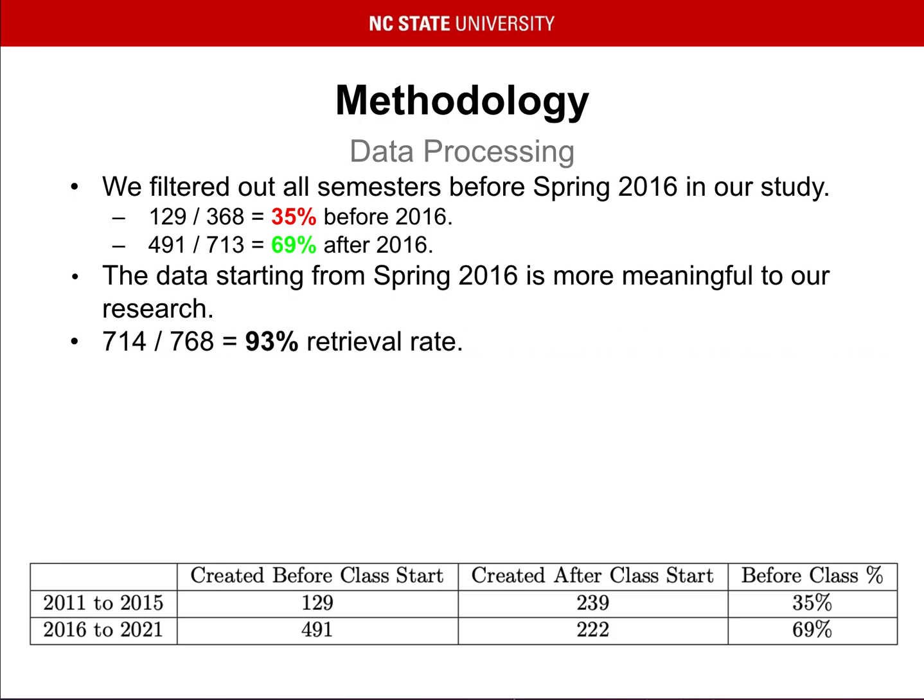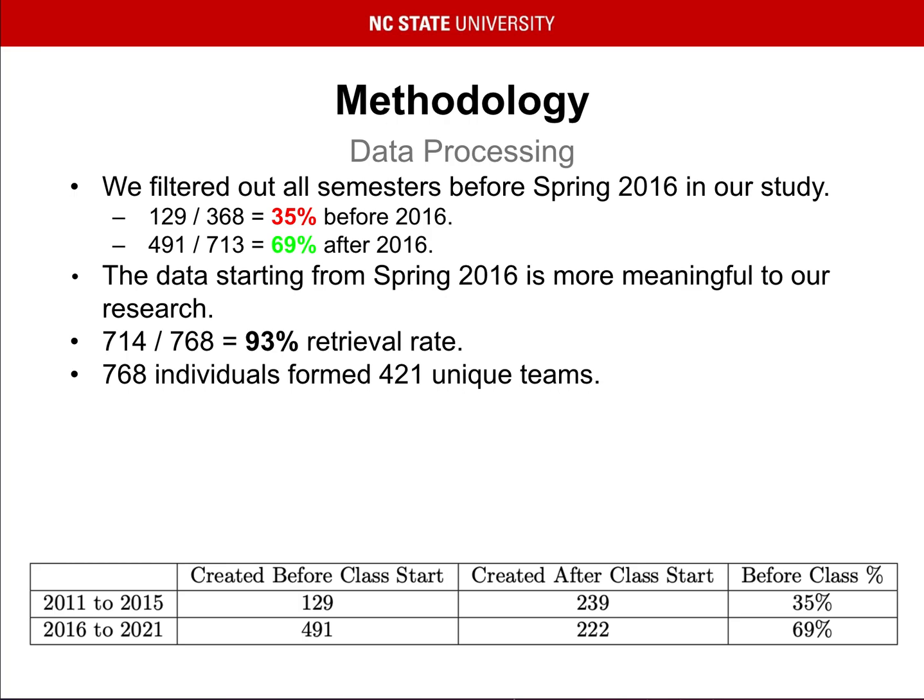Our final dataset includes a total of 768 unique students, from among whom 714 unique GitHub accounts are retrieved. The retrieval rate is 93%. These 768 individuals formed 421 unique teams.